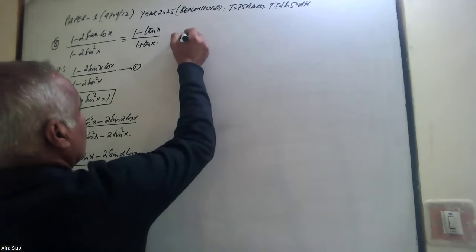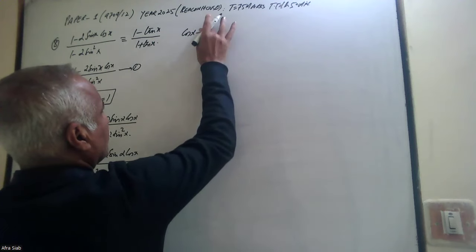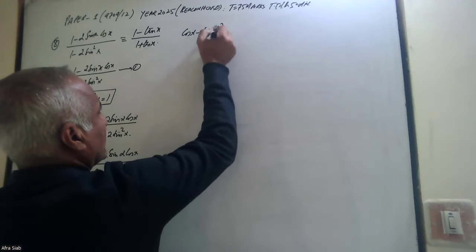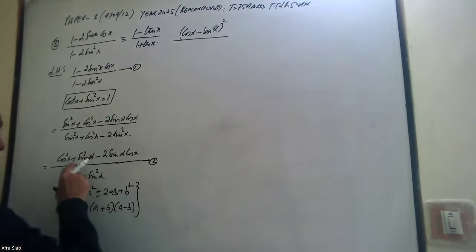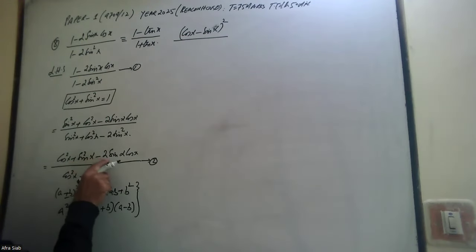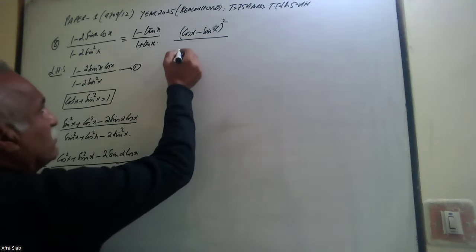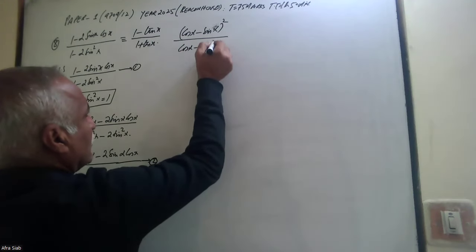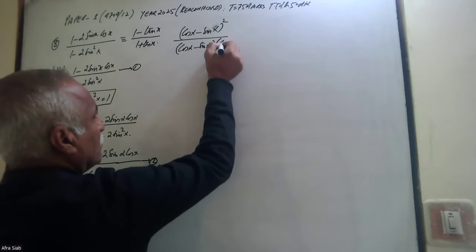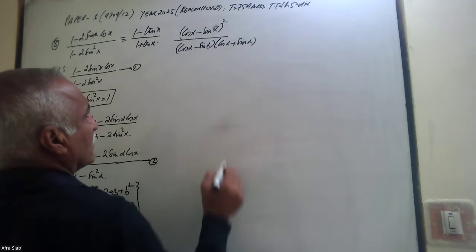So this will become cos of x minus sine of x whole square, because it is cos square of x plus sine square of x minus 2 sine of x cos of x. And cos square x minus sine square x with the help of a square minus b square. So it should be equal to cos of x minus sine of x into cos of x plus sine of x.